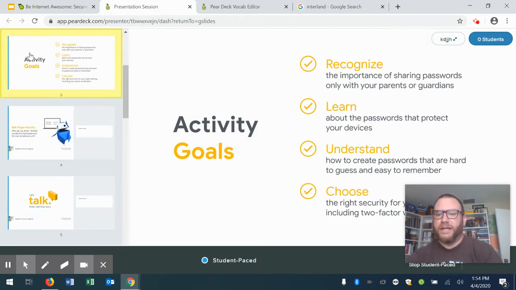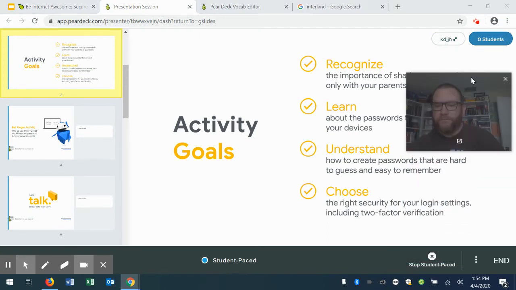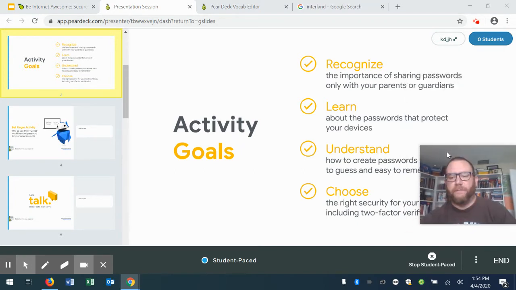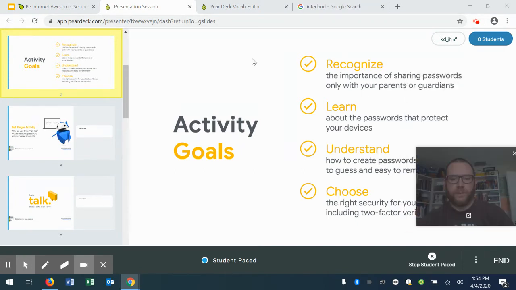So we're going to recognize the importance of only sharing these things with people like your parents or guardians. Learn about the passwords that protect your devices. Understand how to create passwords that are hard to guess, but easy to remember. And then choose the right security for your login settings, including that two-factor verification that we talked about earlier in the terms.